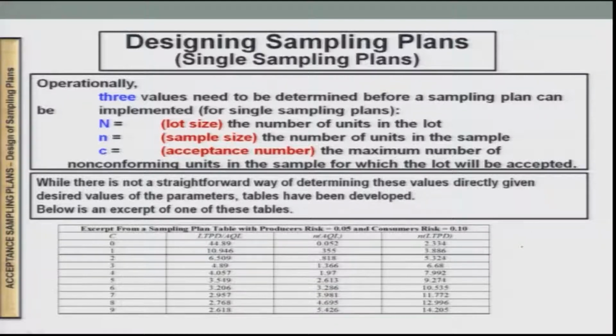You have N, which technically is the AQL value, and for those values you have the LTPD value. The important thing to remember is that in the second column you measure the ratio of the LTPD and AQL values, based on which you take a decision. As C changes from 0 to 9, these are the LTPD to AQL ratios, and in the third and fourth columns you have the AQL and LTPD values noted down.